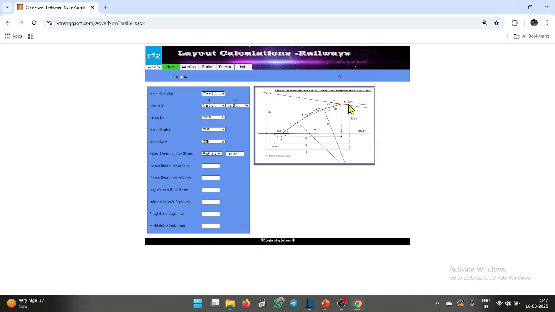Normally if we want to find out the d minimum, we can find it out, or if the distance is comfortably there, you can feed this distance. Once we know the angle of deviation or inclination, entering this we will be able to get the complete parameters for performing this connection.